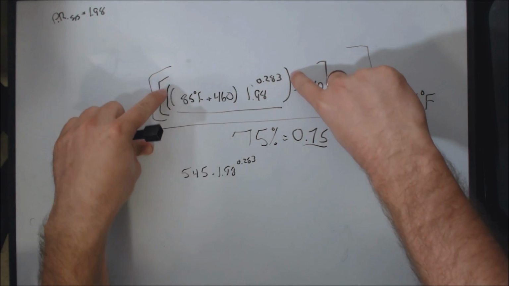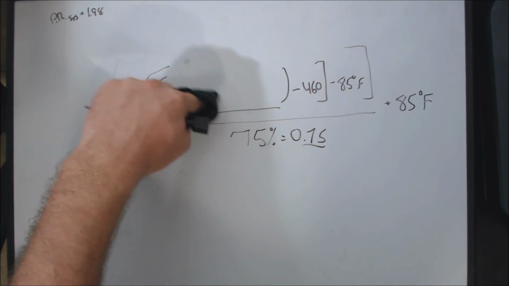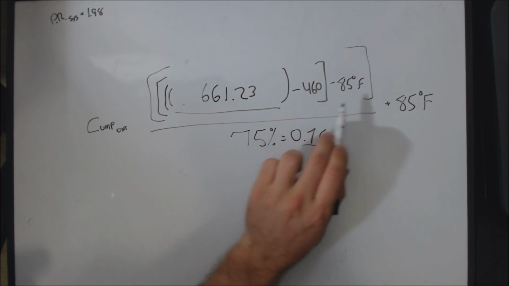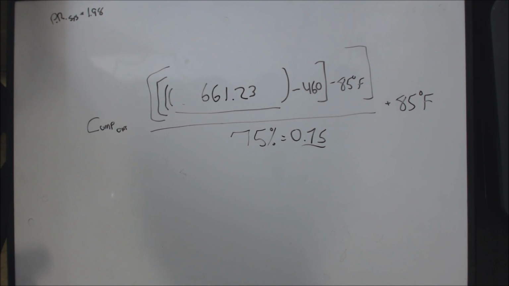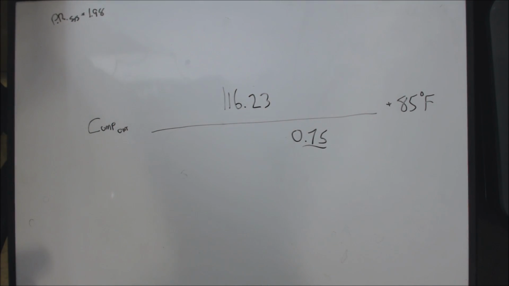So between these parentheses, I have 661.23. Then I say 661.23 minus 460 minus 85. That gives me 116.23. 116.23 divided by 0.75 is 154.97. I'll round that to 155.